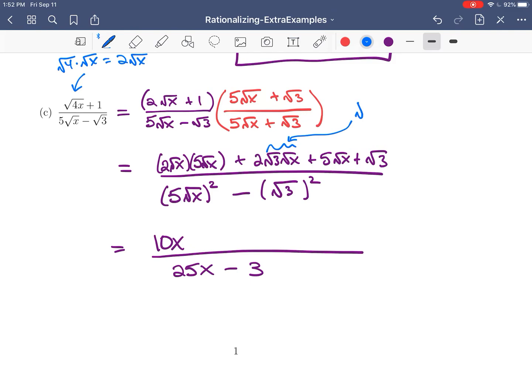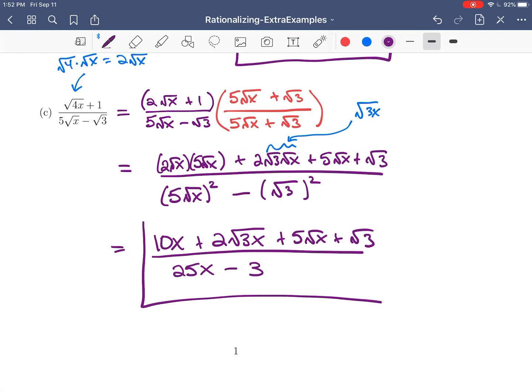So this is actually the root of 3 times x all inside the square root. So that's going to be plus 2 root of 3x plus 5 root x plus root 3. So lots of square roots going on, but basically the same principle. Notice that we don't have any square roots on the denominator, and that's what we were going for here. We wanted to rationalize the denominator, and we've done that.